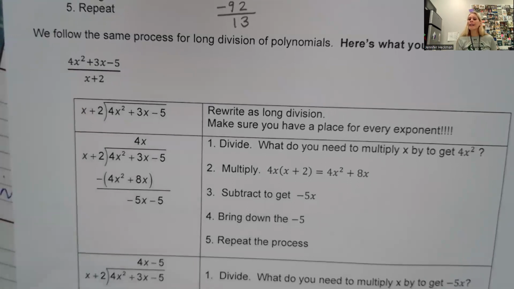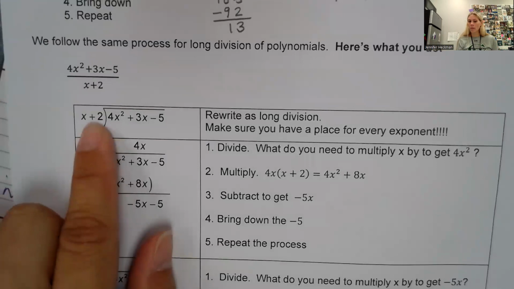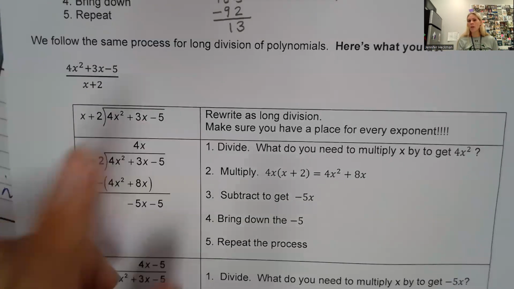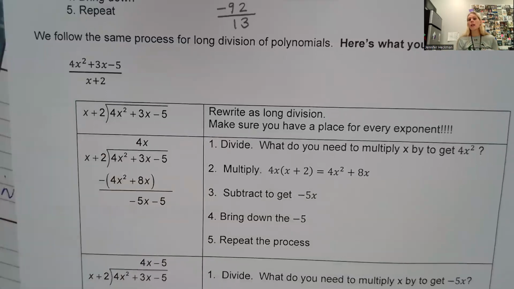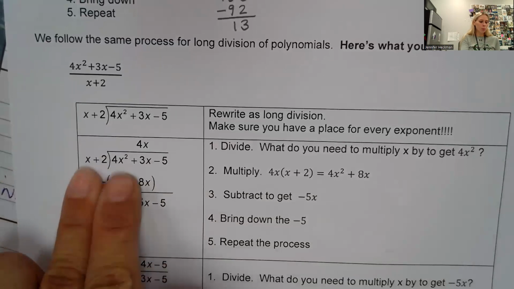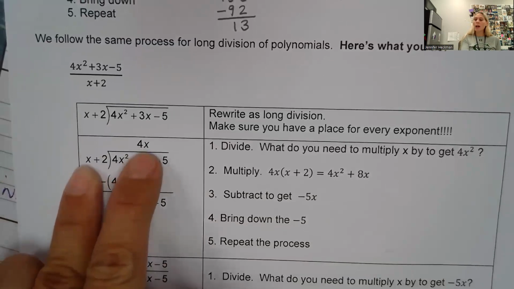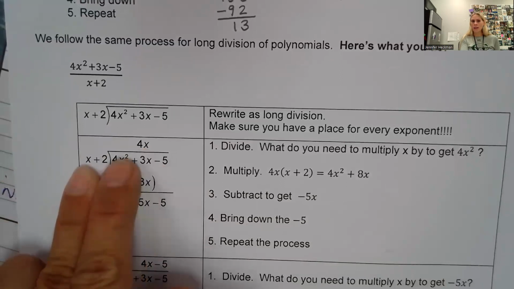Remember, our denominator is our divisor, so that's what's going out in front, and then we have our numerator on the inside. Now, remember, it's how many or what do you multiply by? So we ask ourselves, what do you multiply x by to get to 4x squared? Well, I would multiply 4x, okay, to get there. The reason why we want to do that is because we want it to cancel, okay?